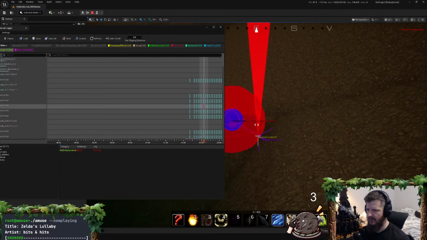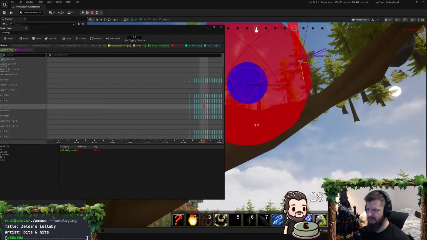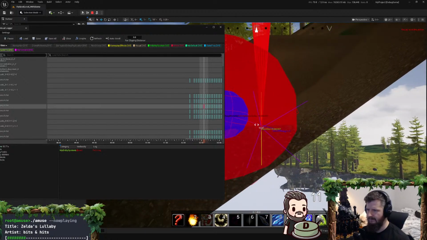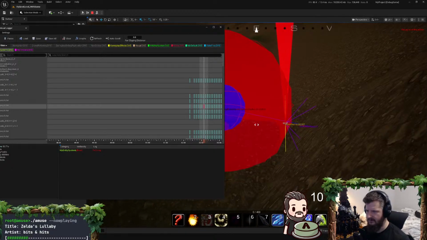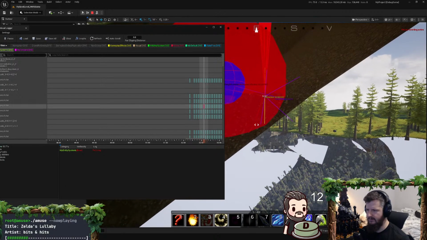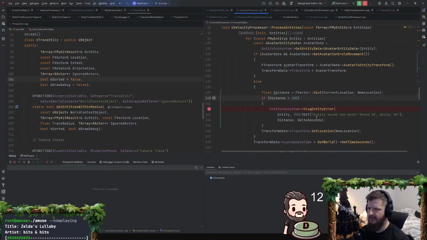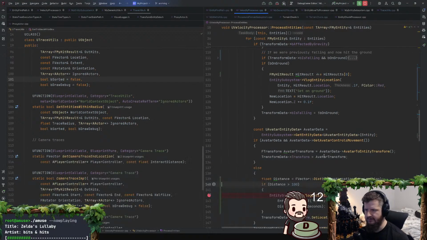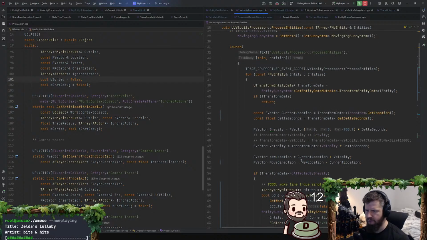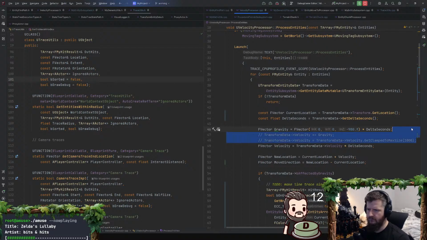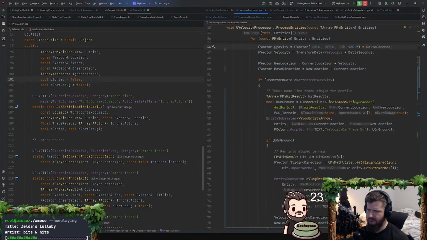Okay, so what ended up happening here? The yellow line trace was not long enough. So the minimum is like 10, right? Yeah, I think I need to change that to like half height or something. I think we can get rid of that now.